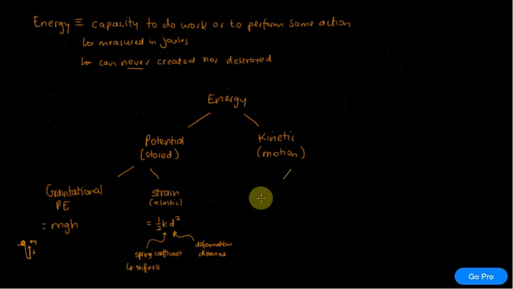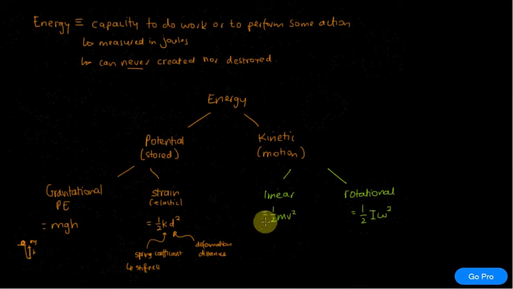Then there's two types of kinetic energy. So what we have is linear kinetic energy. It's the one that you guys are probably most familiar with, which is just 1/2 mv squared, right? And the second is rotational kinetic energy, right? Energy possessed in a rotating body is equal to 1/2 times the moment of inertia times the angular velocity squared.